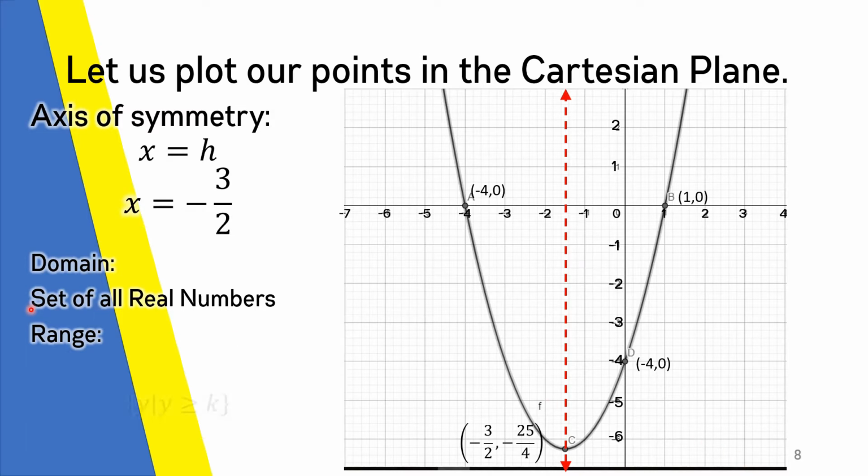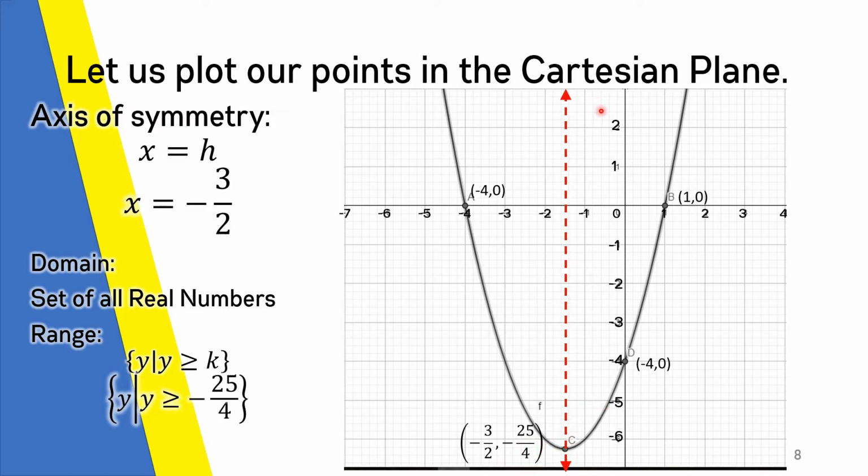So the range is the set of y such that y is greater than or equal to k, and the k here is negative 25 over 4. So we could say that the range is y such that y is greater than or equal to negative 25 over 4.